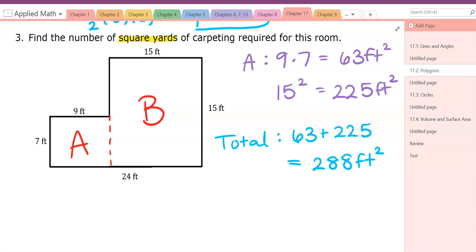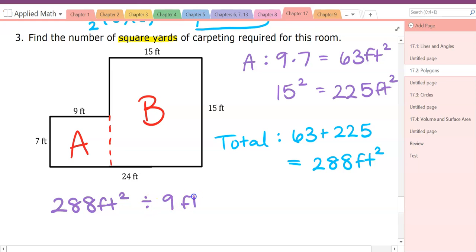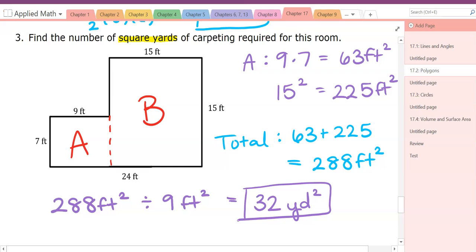So when I go to convert this, I'm going to take 288 feet squared, and I'm actually going to divide by 9 feet squared because that's going to get me my yards. So 32, and that would be yards squared. So when you're converting between measurements on area, think about your original conversion factor.